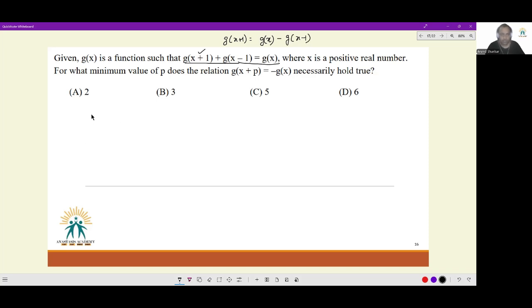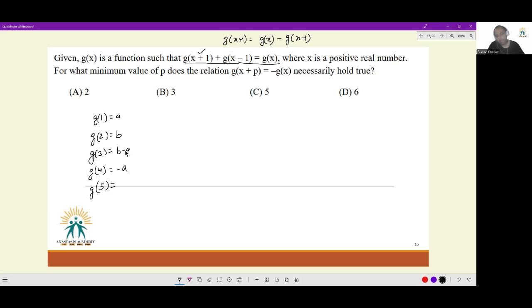So if I go g1 is equal to a, g2 is equal to b, g3 will be equal to what? b minus a. g4 will be equal to what? b minus a minus b, which is equal to minus a. g5 will be equal to what?